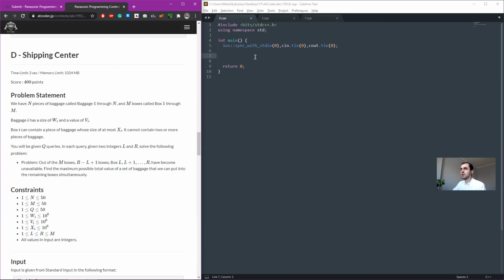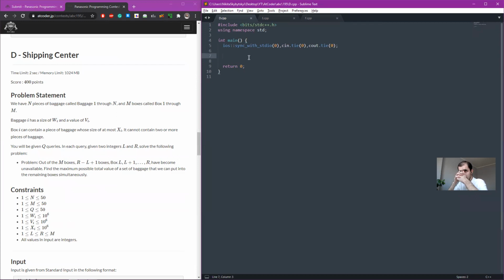Constraints are kind of low, so I guess we can solve each query independently. But I don't know how I should solve the problem if it was only one query. I have remaining boxes and several pieces of baggage.